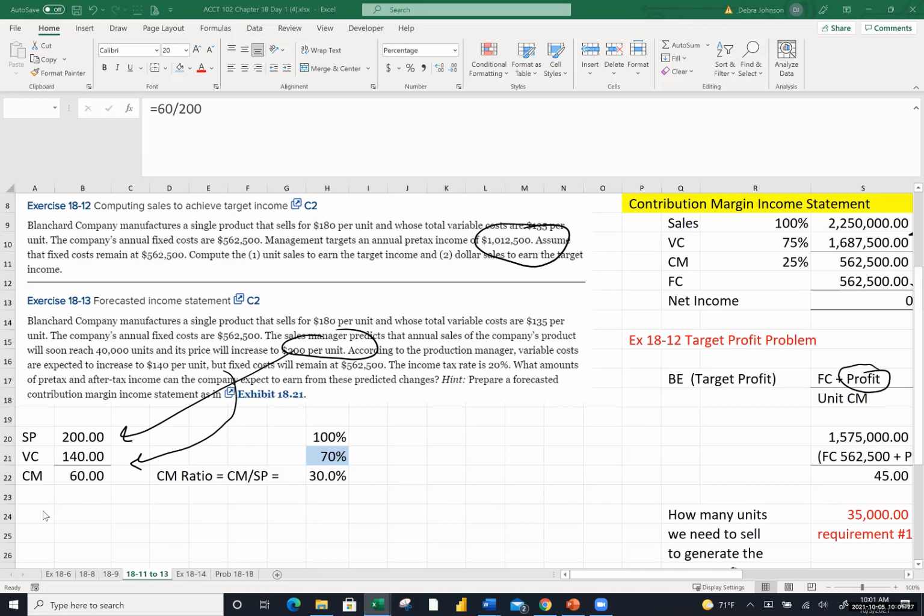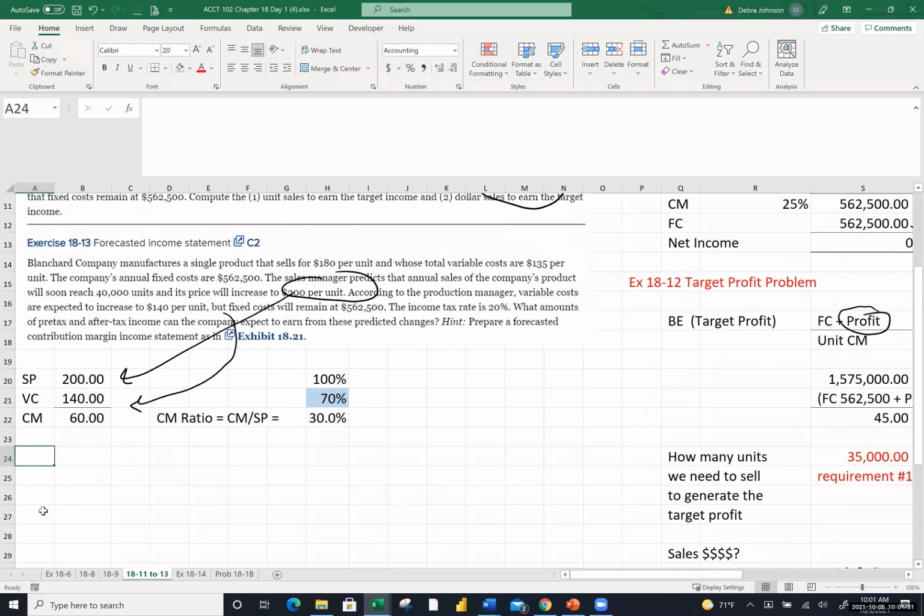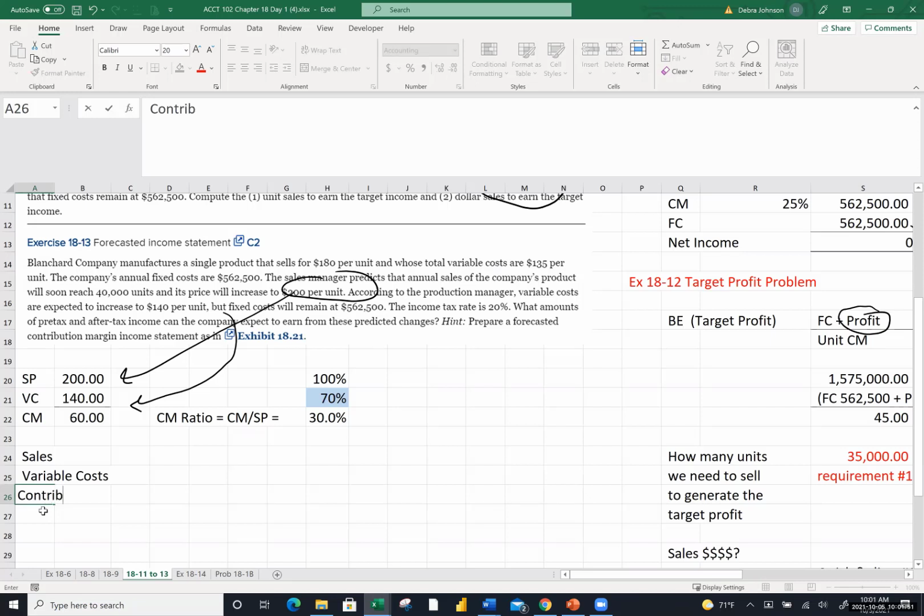And what I'm going to do is that new forecasted income statement. How am I going to do it? I'm going to change the way we're thinking from here on out about financial statements. I'm not going to set up a traditional one. I'm going to set up a managerial income statement. It's going to look like this. We're going to have sales, and then we're going to take out the variable costs. And that's going to give us this all important contribution margin that I want us to get in the habit of computing 3 ways, which I will do on this problem.